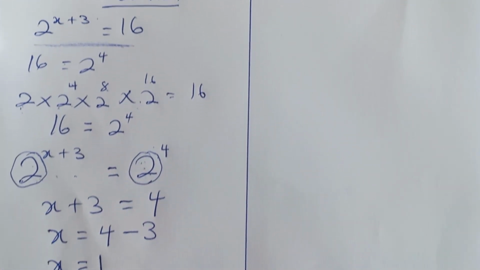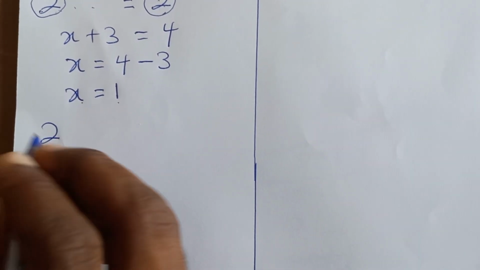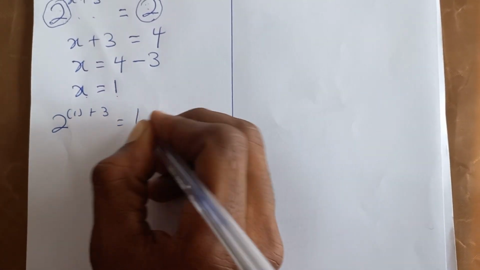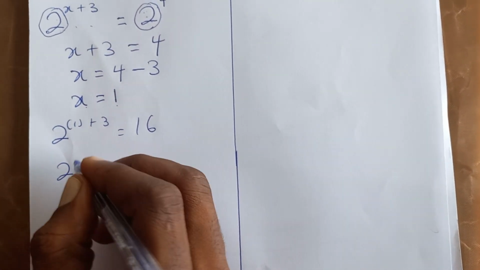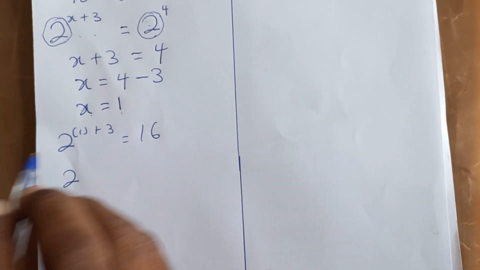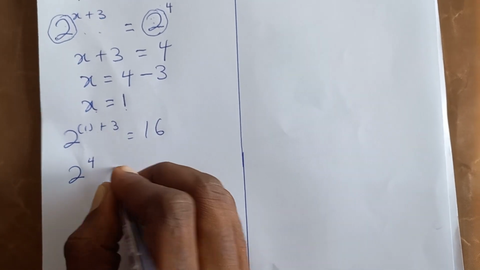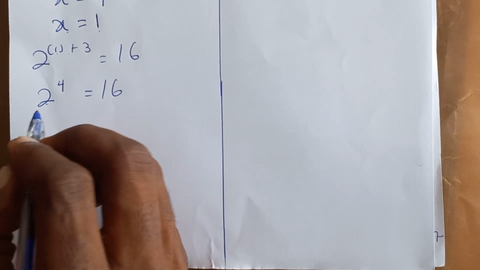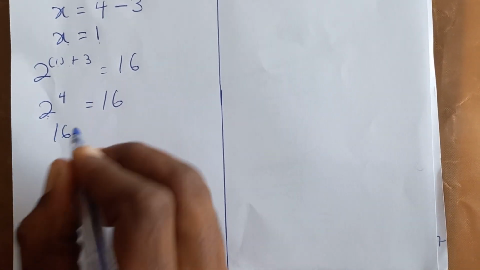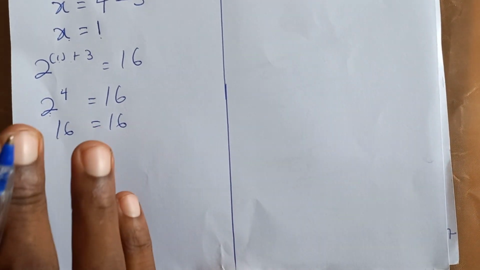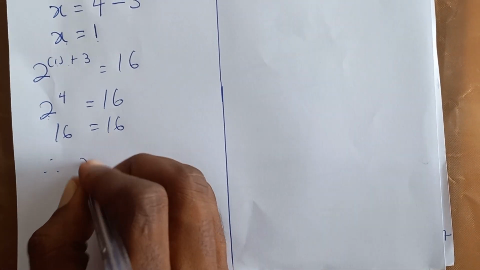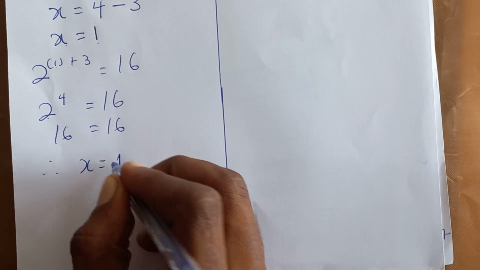We get 2 to the power 1 plus 3, which is equal to 16. 1 plus 3 is 4, and we know that 2 to the power 4 is 16. So 16 is equal to 16. Now we can say that our solution is correct. Therefore, x is equal to 1.